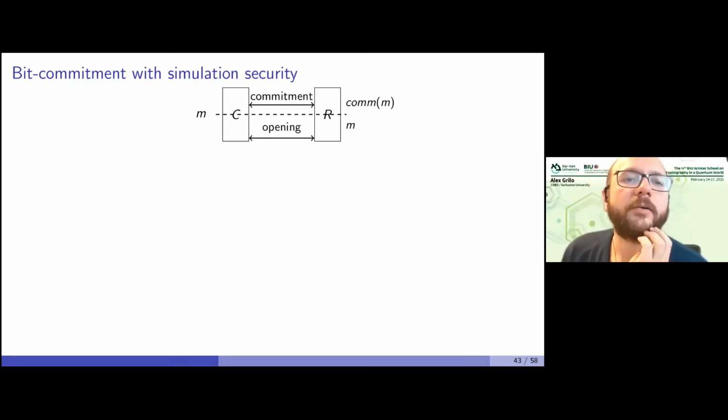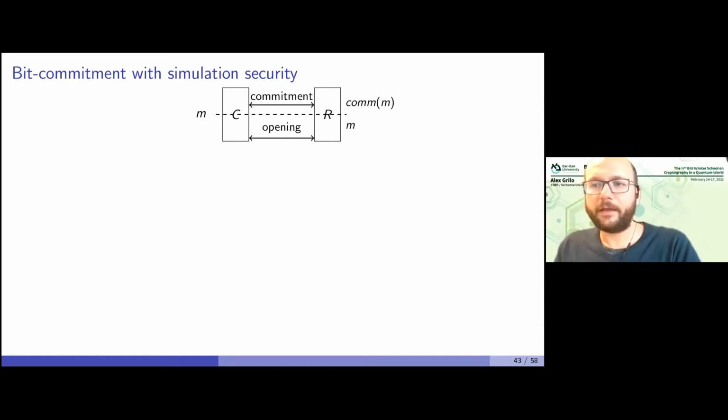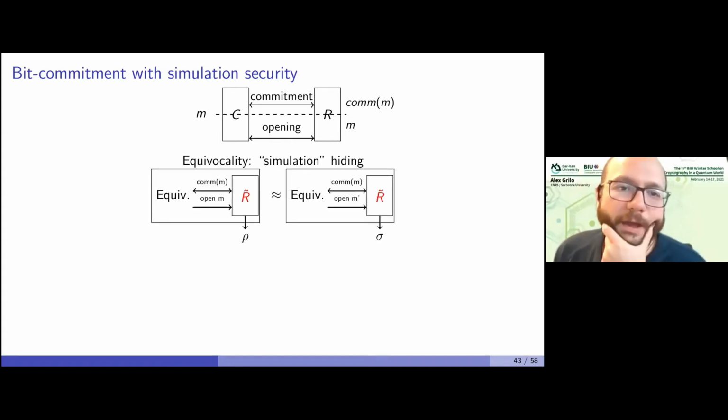As we saw before, bit commitment is a two-phase protocol, where in the first one, the committer and the receiver interact such that the receiver has a commitment of some message M. In the second part of the protocol, the committer will open this commitment to the right value M. Usually we define binding and hiding properties for a commitment scheme, but here we need a stronger notion of security, the simulation security of this bit commitment protocol.